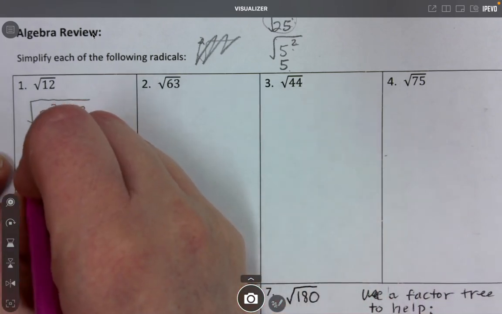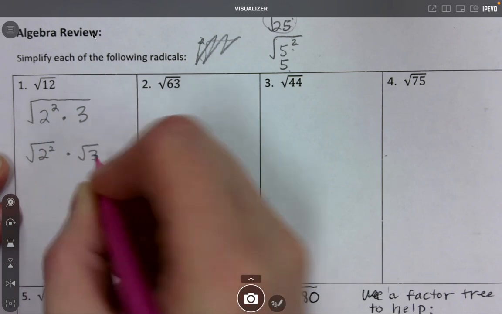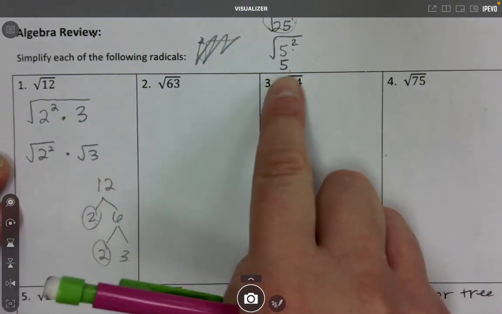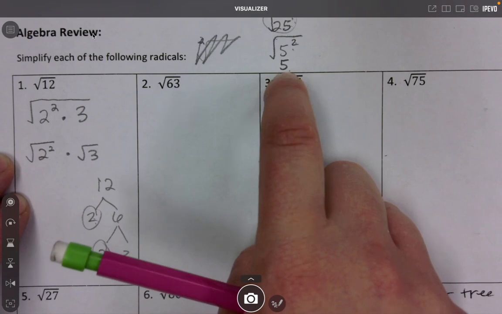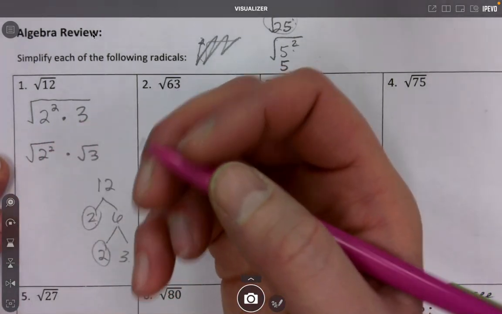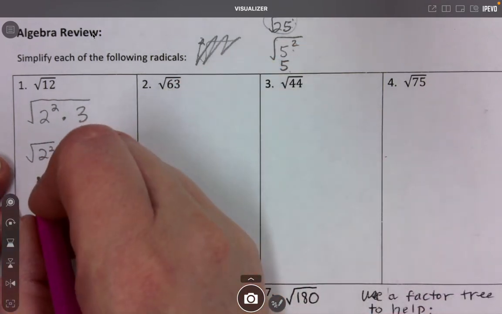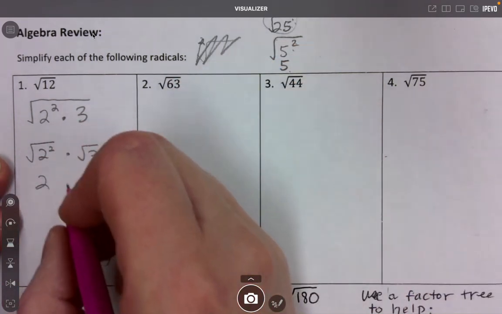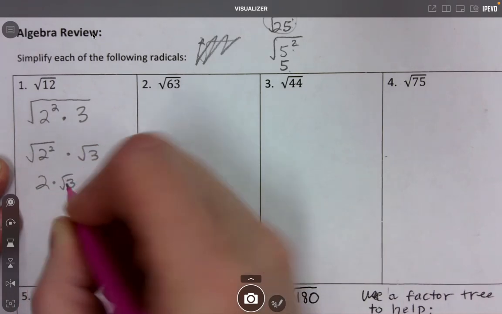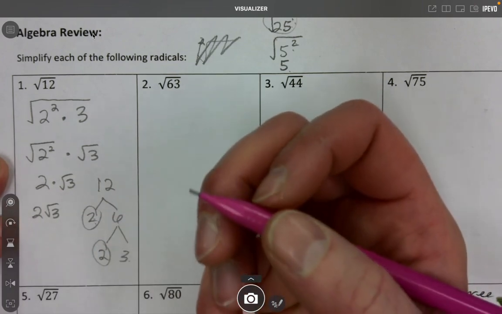So I can write this as the square root of 2 squared times the square root of 3. If I have a square and a root, they are going to undo each other. They are inverse operations. So this is just going to be a 2. Now I have 2 times the square root of 3, and we're going to write that as 2 roots of 3, just like this.